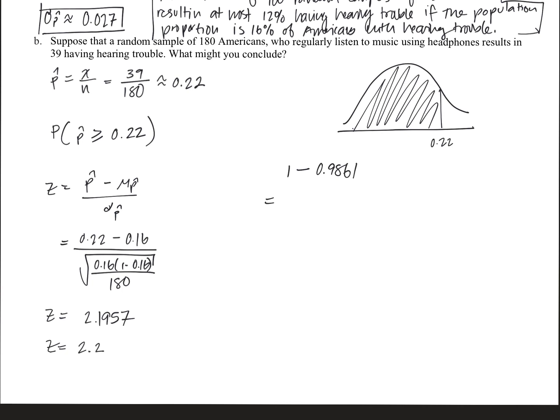So 1 minus that comes out to 0.0139. As scratch work, that looks like about 1 out of 100 people would have this happen, which is definitely less than the 5% threshold we usually use for things being unusual. So we would conclude that this is indeed unusual.